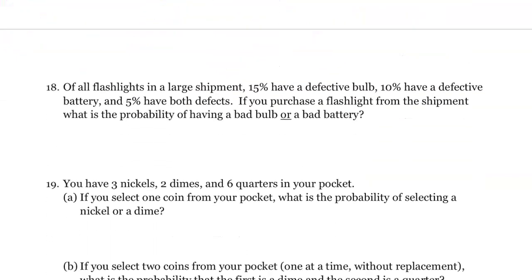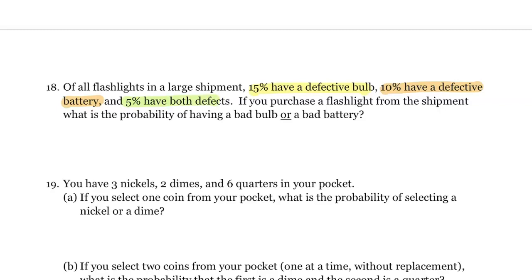Okay, here's 18. Of all flashlights in a large shipment, 15% have defective bulbs. Then we have 10% have defective battery. And we know that 5% have both defects.